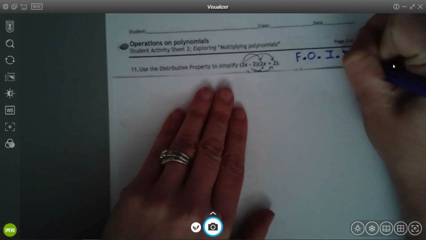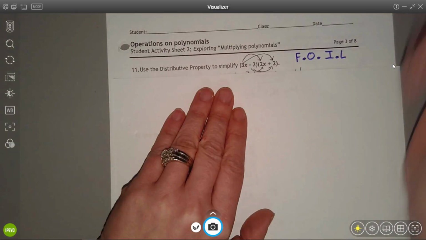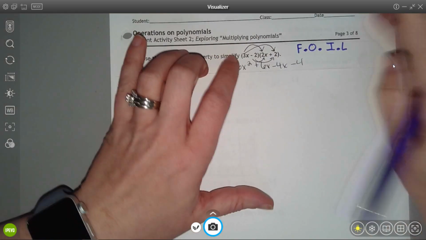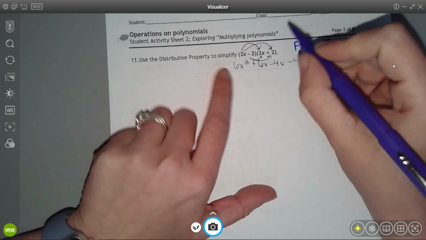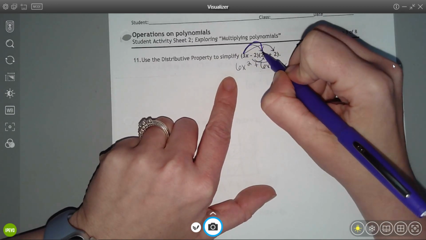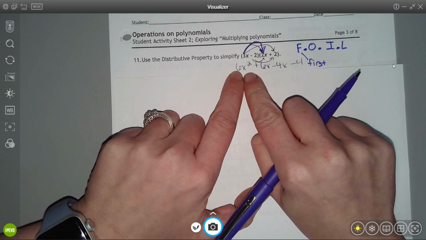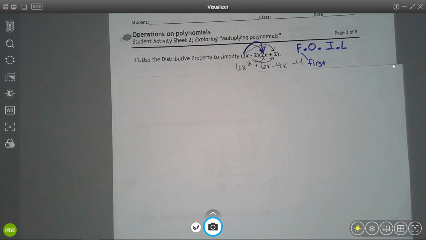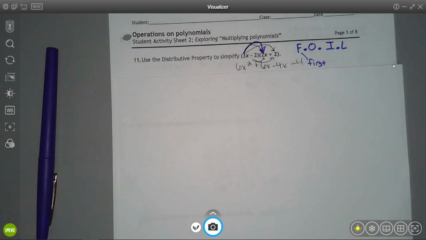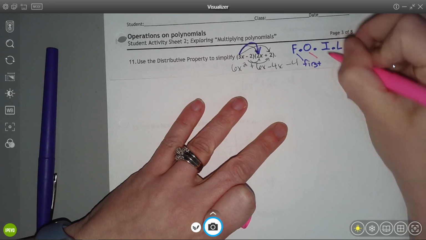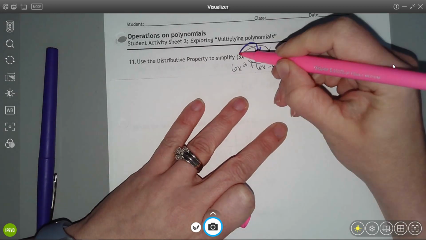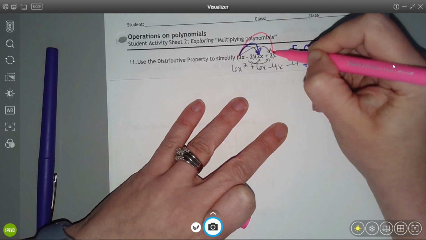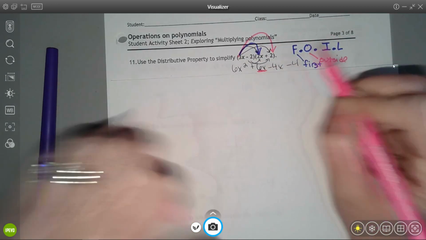You may hear your teachers use this. FOIL, what it stands for is my first terms get multiplied. So I'm going to say 3x times 2x to get 6x squared. The O stands for the outside terms to get multiplied together. So that's going to be 3x times 2 to get 6x.